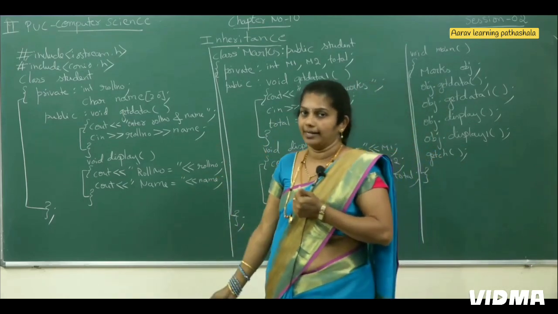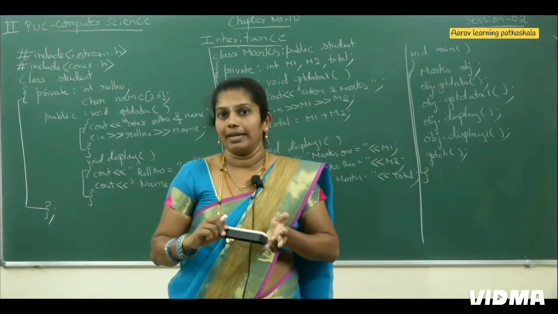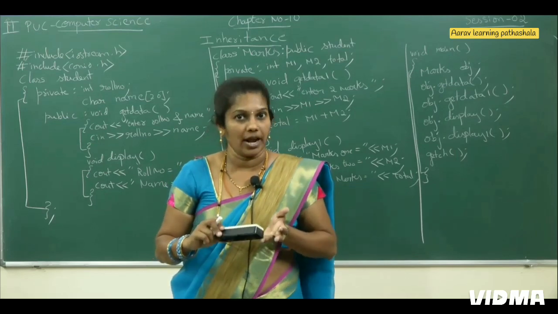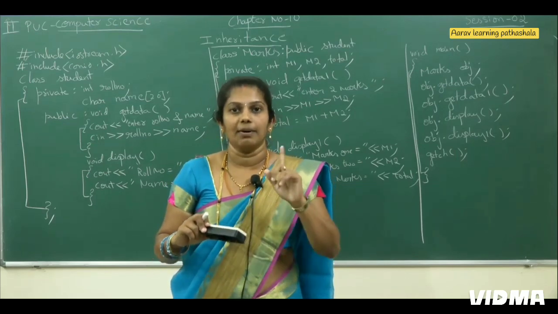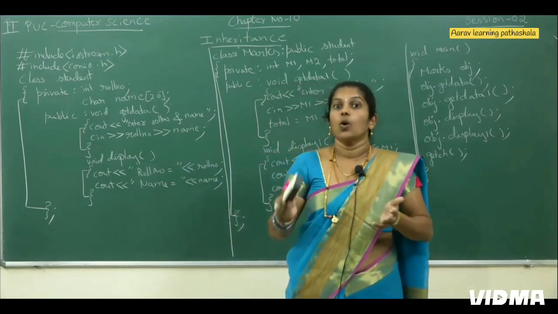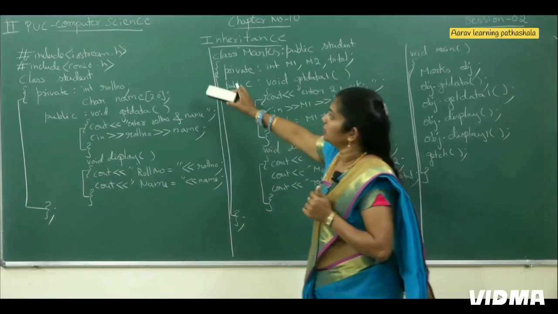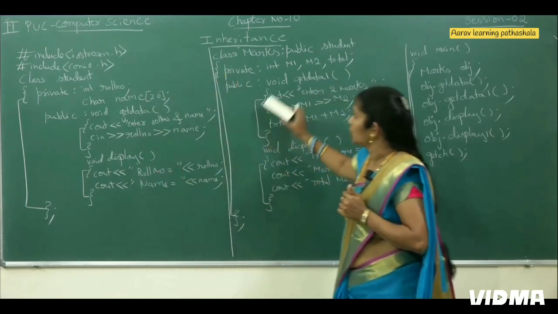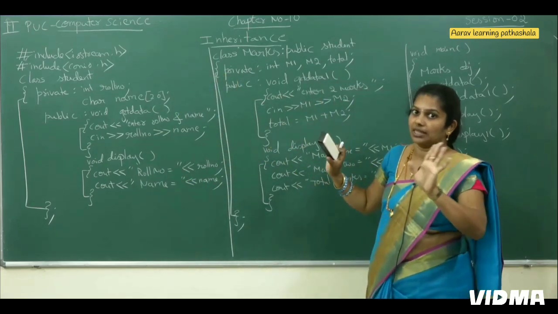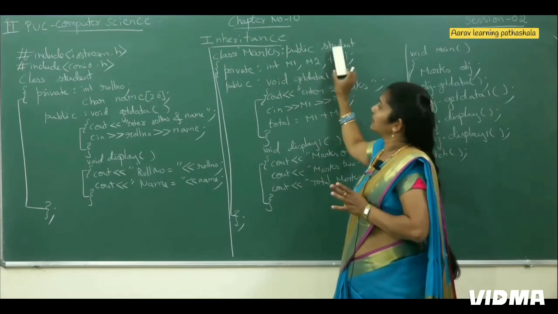Once again, to recall the entire thing, inheritance is nothing but the process of acquiring the properties from the base class to the derived class. Base class is nothing but the existing class. Derived class is nothing but the new class. What are the advantages? Code can be reused. Whatever code we wrote for the base class, we do not need to write it again in the derived class. Only one sentence I have to write: it is derived from the base class student.